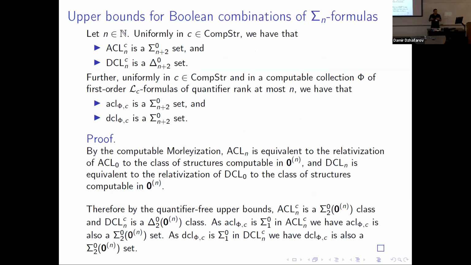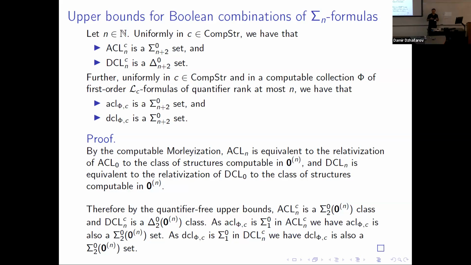The argument is exactly what we think it would be. I take my structure and moralize it, so now I get a sigma 0 n structure, where every formula is equivalent to a quantifier-free formula in a computable way. Now I use the relativization of the previous result to get that the one-step ACL, one-step DCL, full ACL, and full DCL of this new structure are sigma 0, 2 in the structure.